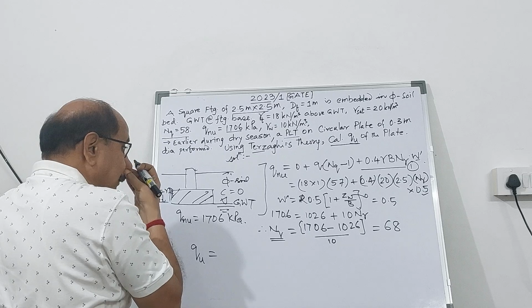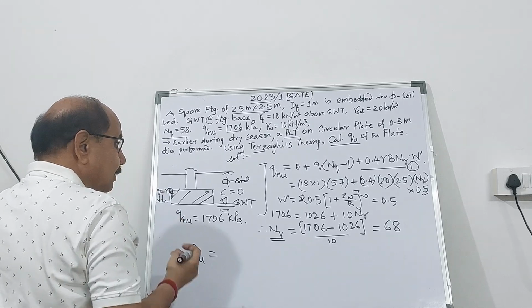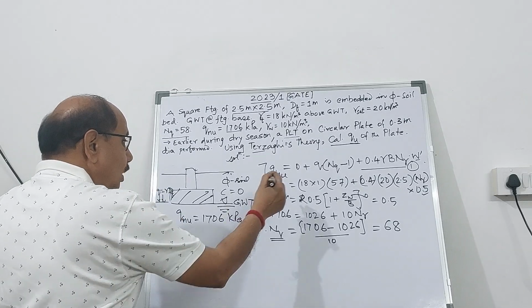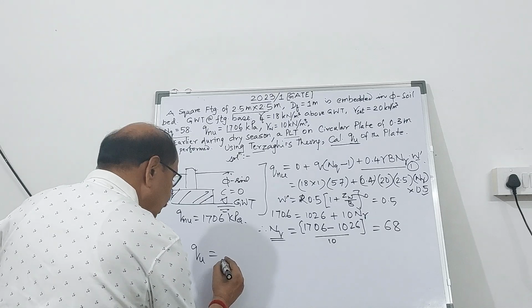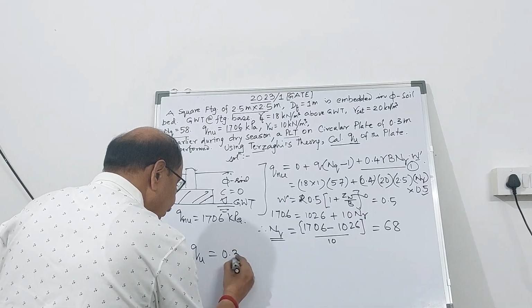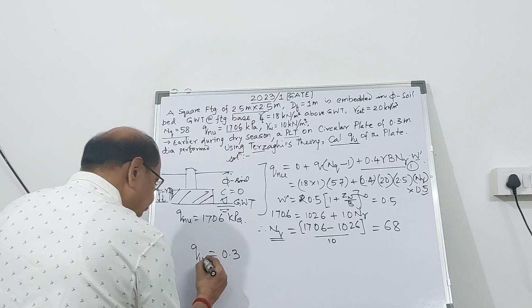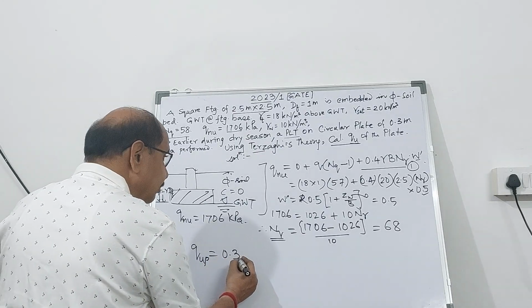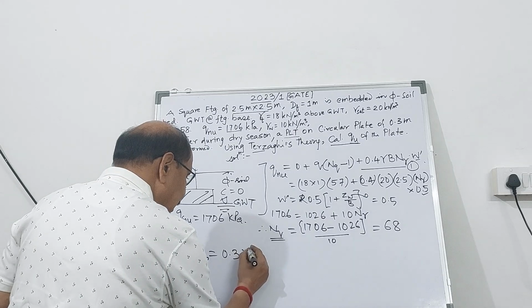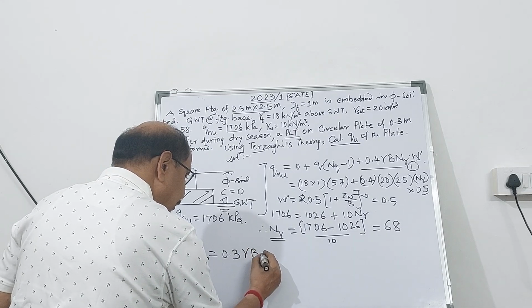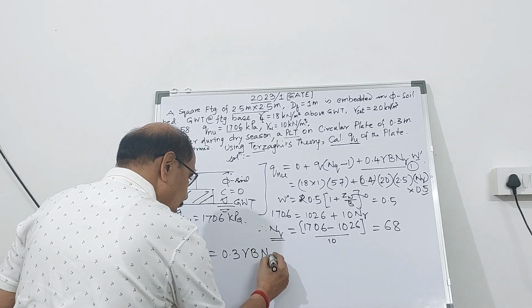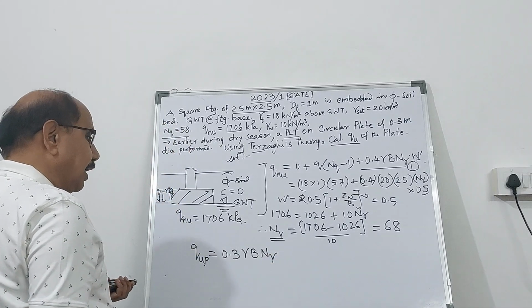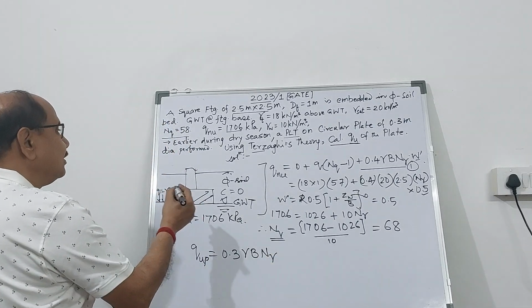There will not be any surcharge, and the value will be 0.3 for the plate. So I can write it as P for the plate. So the ultimate bearing capacity of the plate will be 0.3 gamma B N gamma, and it's during dry season.